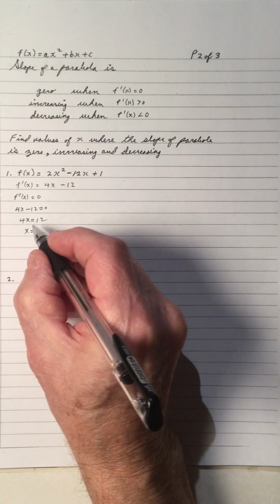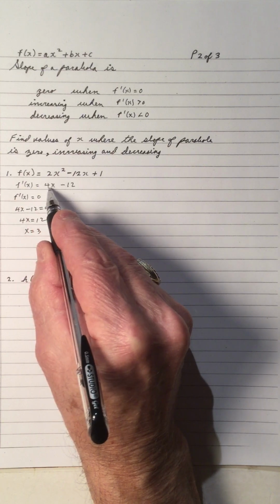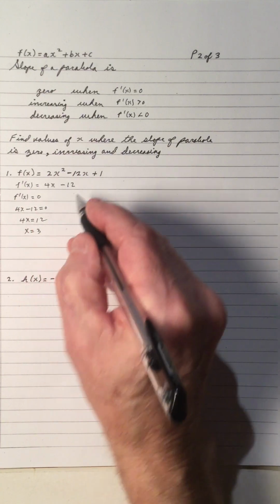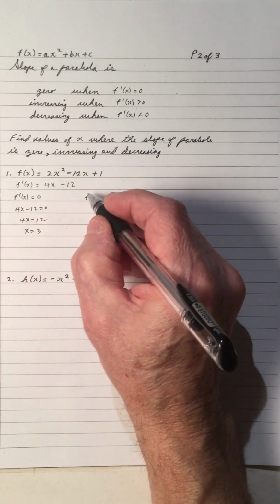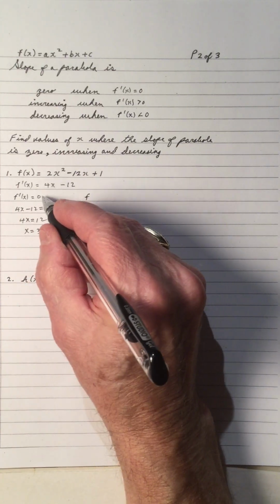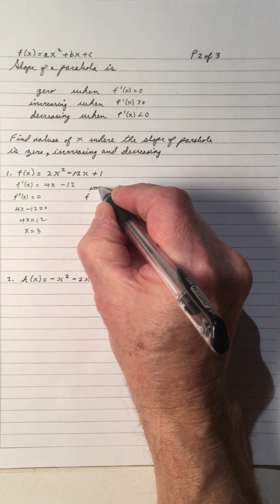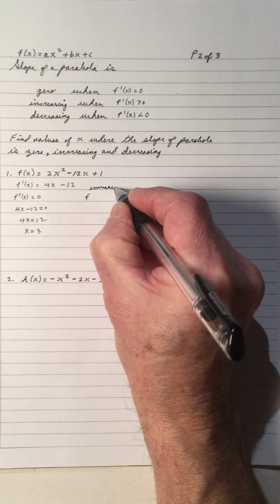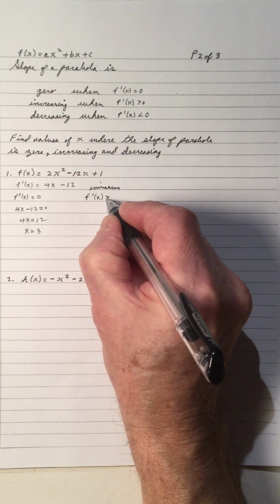So when x equals 3, you put 3 into this derivative and you get 12 minus 12, which is 0. This is when the slope of the tangent is 0. It's increasing when the derivative is greater than 0.